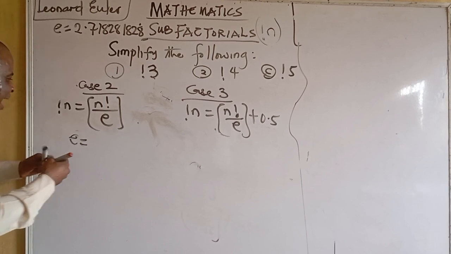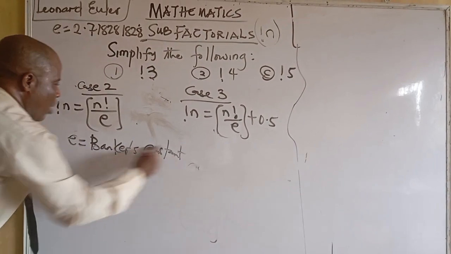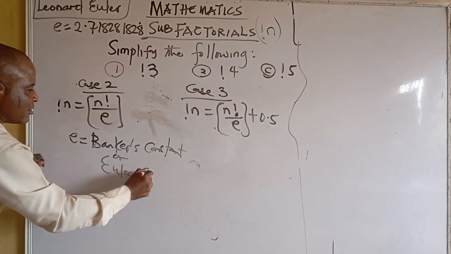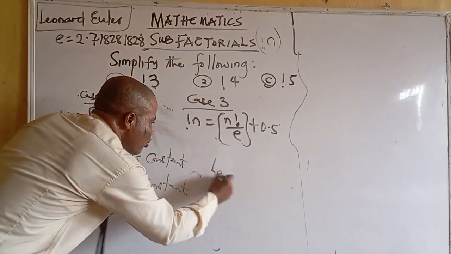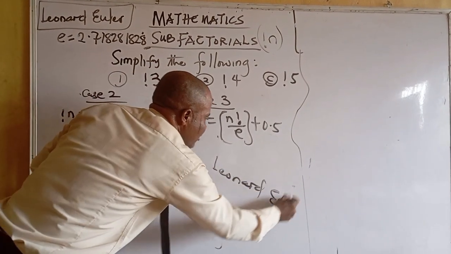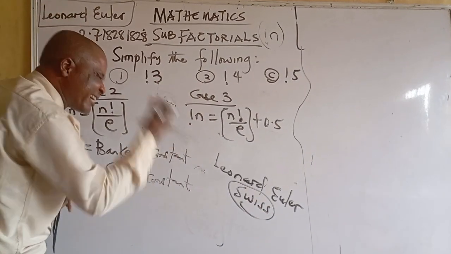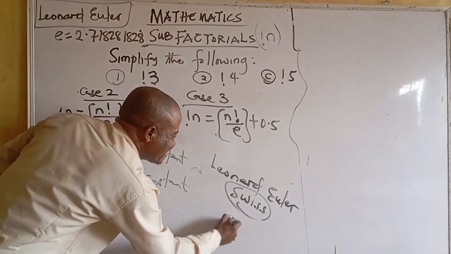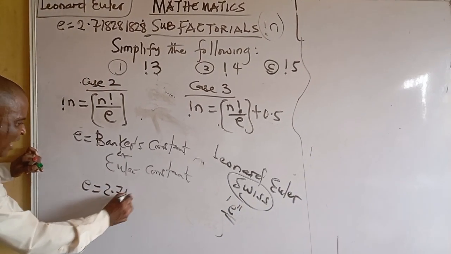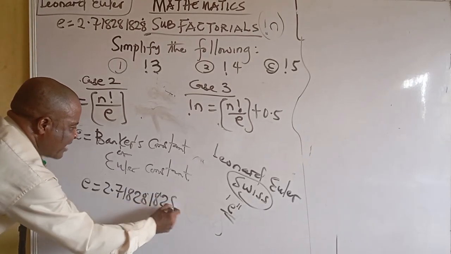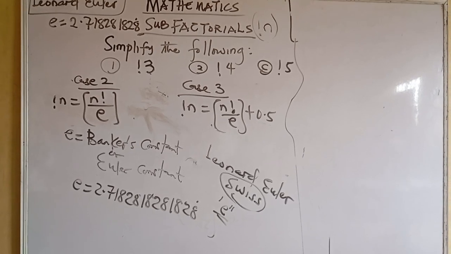I call this e Banker's constant, or I can call it Euler constant, according to the scientist Leonhard Euler, a Swiss mathematician from Switzerland, a great scientist that designed e into mathematics as a constant. And the value of this is 2.7182818281828, a recurring decimal, continuous like that.